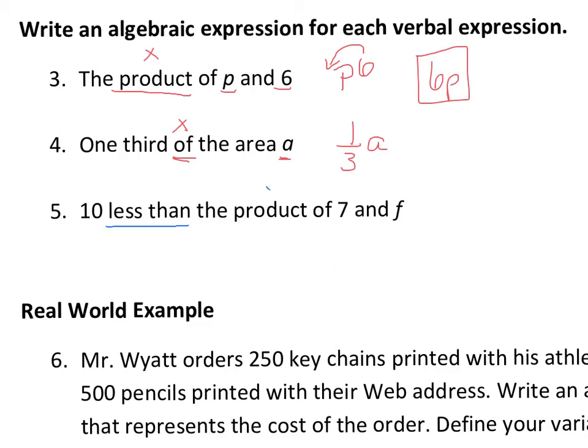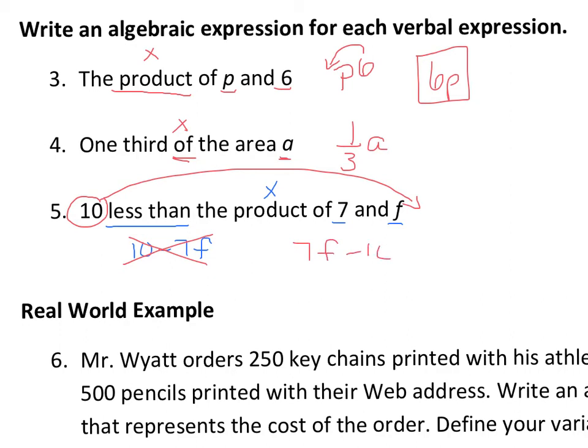Notice again that we're multiplying, and what are we multiplying? The 7 and the f. But that word less than tells us that we're going to take 10 off of something. A lot of people will just put 10 minus 7f, and that is a big no-no. That is wrong, because I'm actually taking 10 off of this guy right here. So a correct response here would be 7f minus 10.